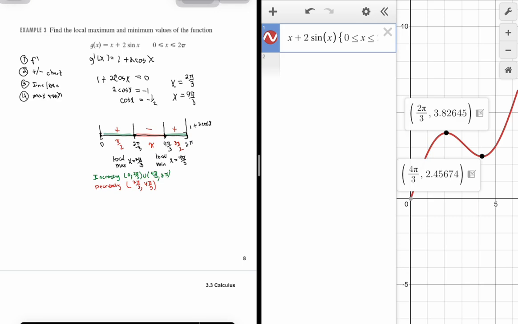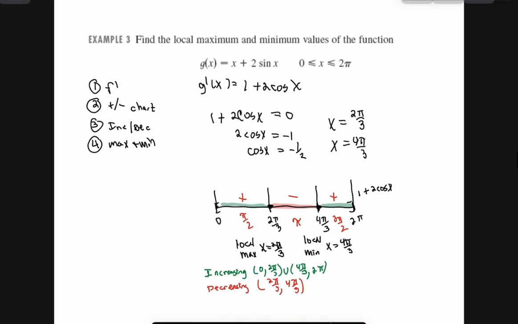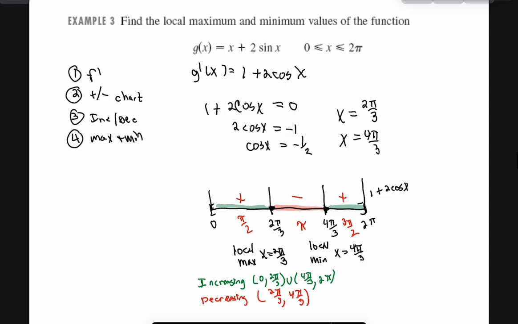There was a local min at 4 pi over 3. Desmos will always give you the ability to tap on the local mins and maxes so you can verify your algebra. You can't rely on it because you can't use it on a test, but you can definitely check your work with Desmos. It should verify the algebra is correct. Any questions about example 3?